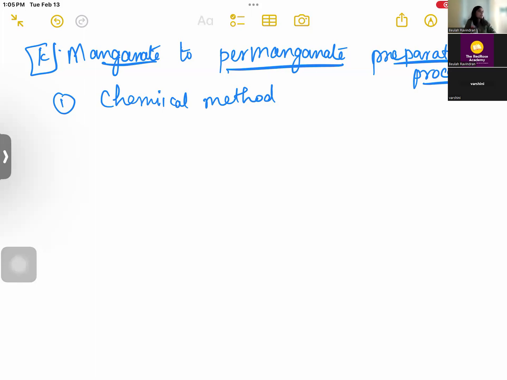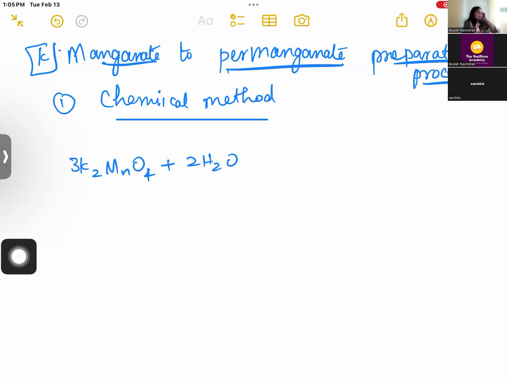Do write this. The fused dark green mass is extracted with a small quantity of water. Then the filtrate is warmed and treated with a current of ozone. Ozone, chlorine, or carbon dioxide.